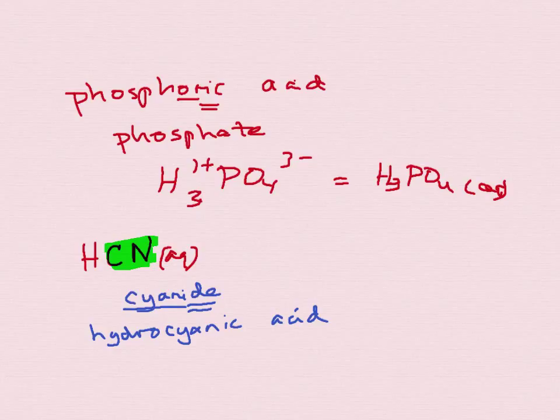And one last one for the road. How about one that doesn't easily show up on the front of our ion sheet? IO2 is a variation on ClO2, and that ion is called chlorite.